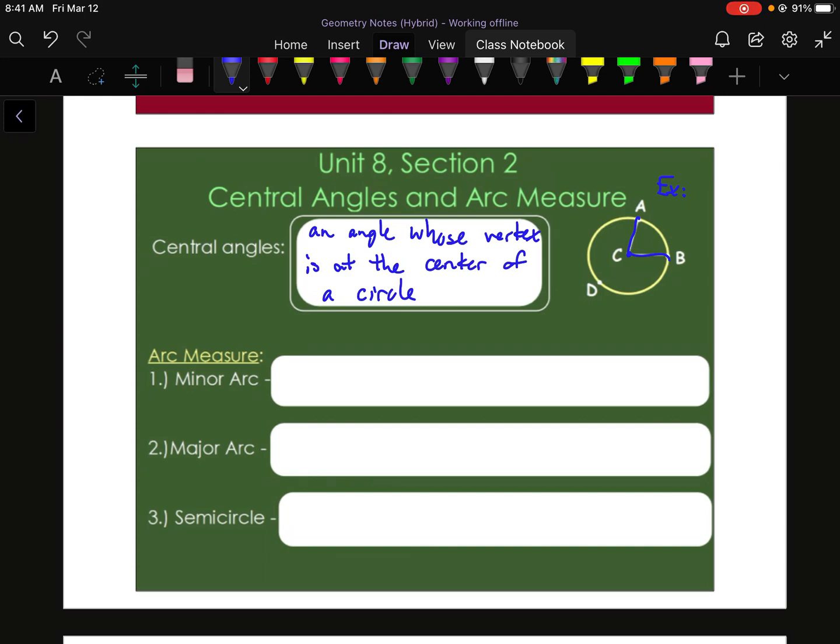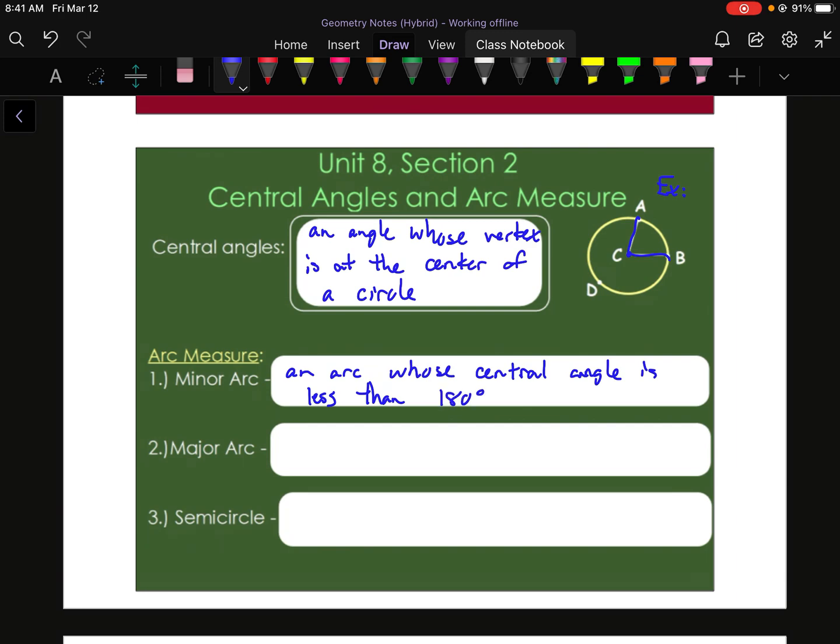So let's define those quickly. A minor arc is an arc whose central angle is less than 180 degrees.